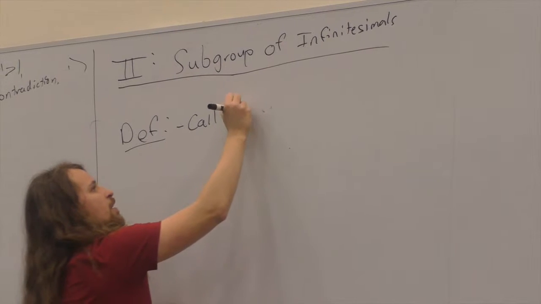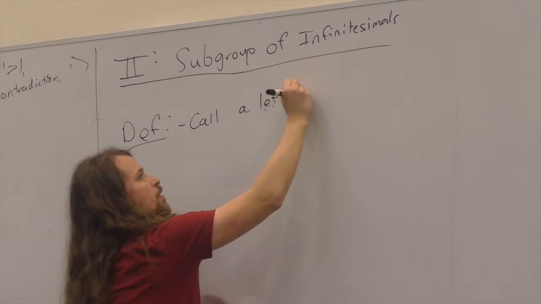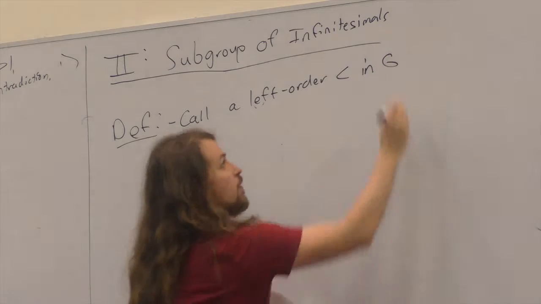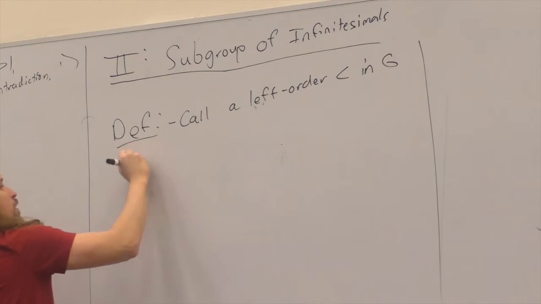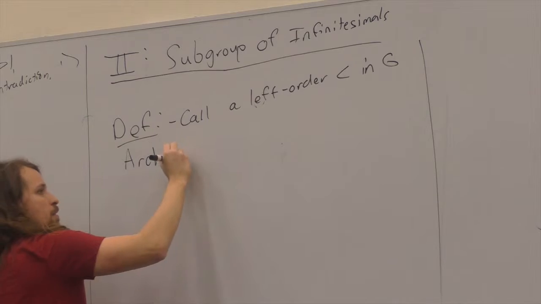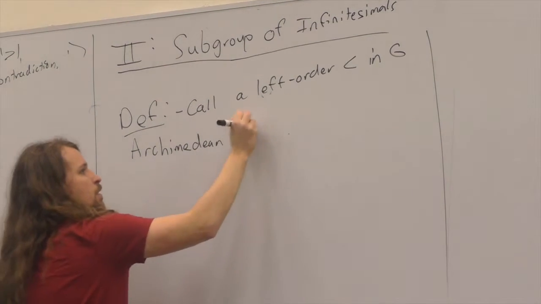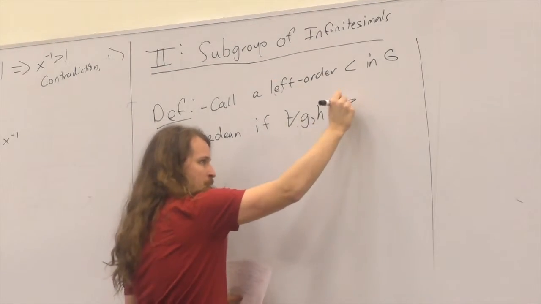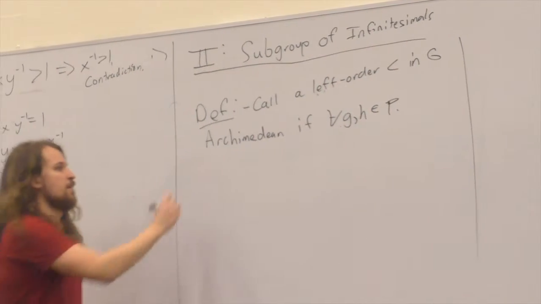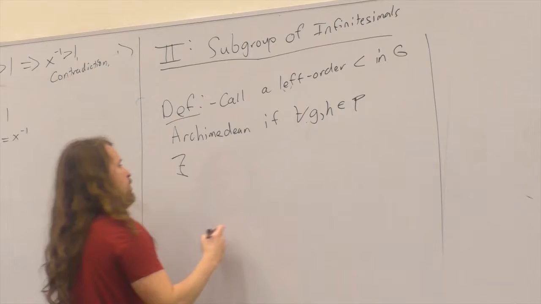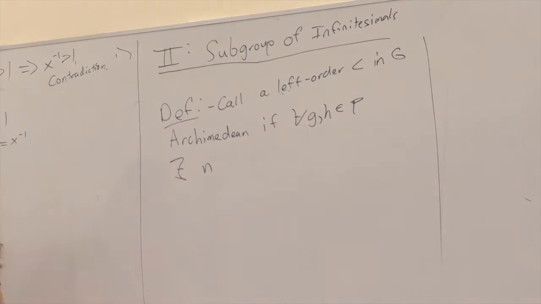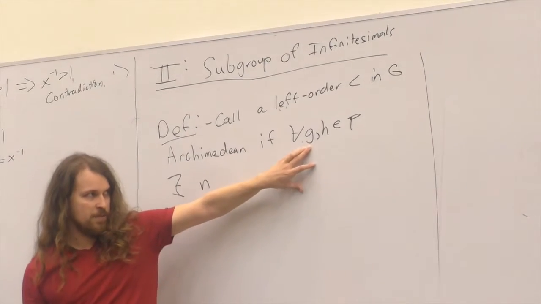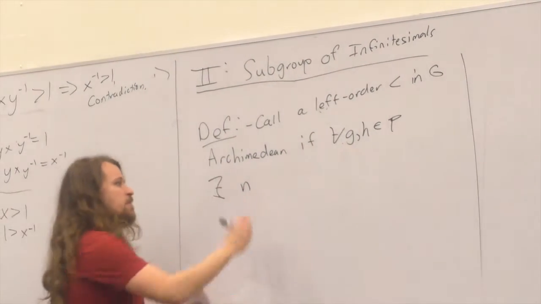We're going to call a left order in G Archimedean if for any arbitrary elements g and h in the positive cone, so they're both positive, we can multiply g times itself to get it bigger than h.